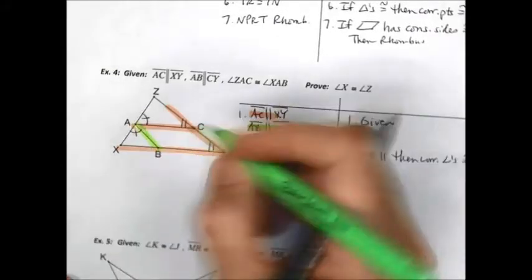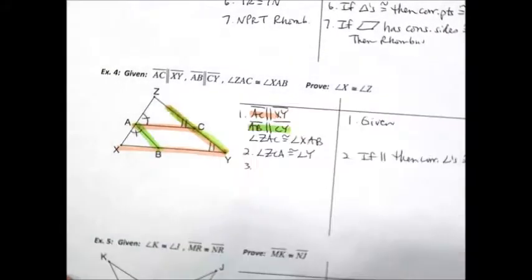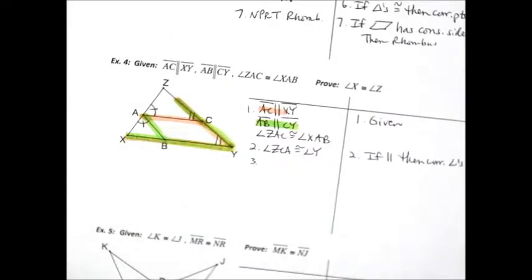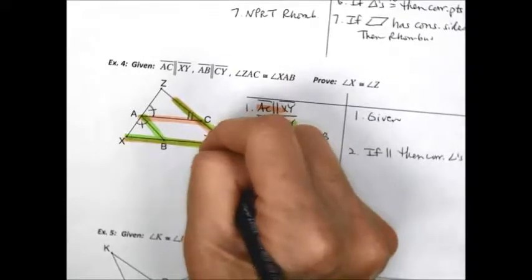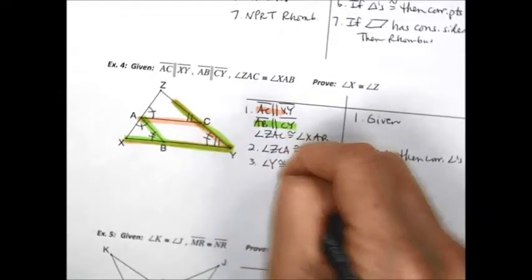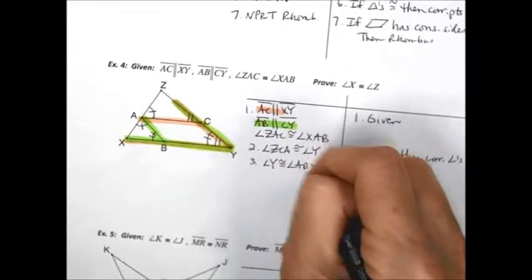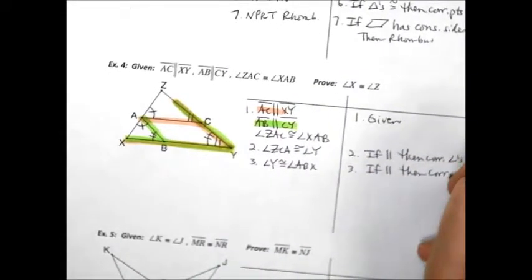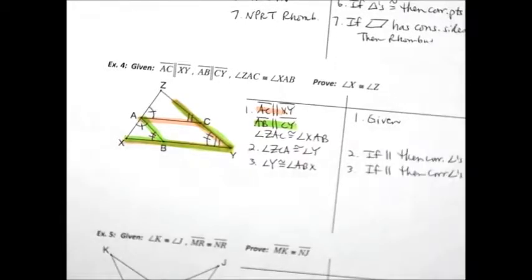That's AB and CD. And now I'm going to look at another F, and when I look at that F, I think I can connect angle Y with this angle over here. So angle Y is congruent to angle ABX. Again, in fact, I could have put that with the same reason, then corresponding angles are congruent. So you could have even left that all on the same line.